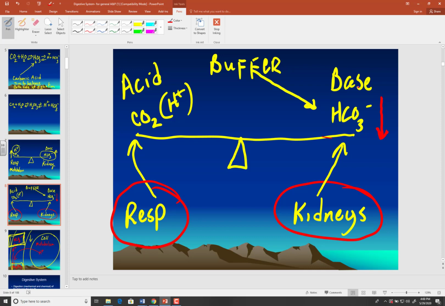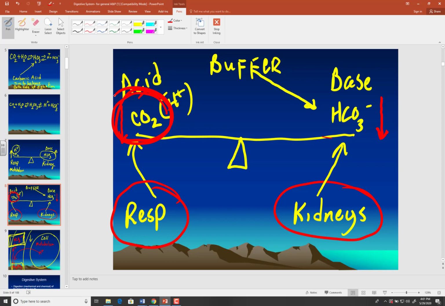If you're dropping the base, because the amount of free bicarbonate in the blood drops, to maintain the pH you then have to drop the amount of acid in the blood, because the acid and base have to be equal. And I told you CO2 is an acid. So in cases of what's referred to as a metabolic acidosis, where through metabolism the cells are dumping more hydrogen ions into the blood, the respiratory system compensates by blowing off more CO2 than normal.